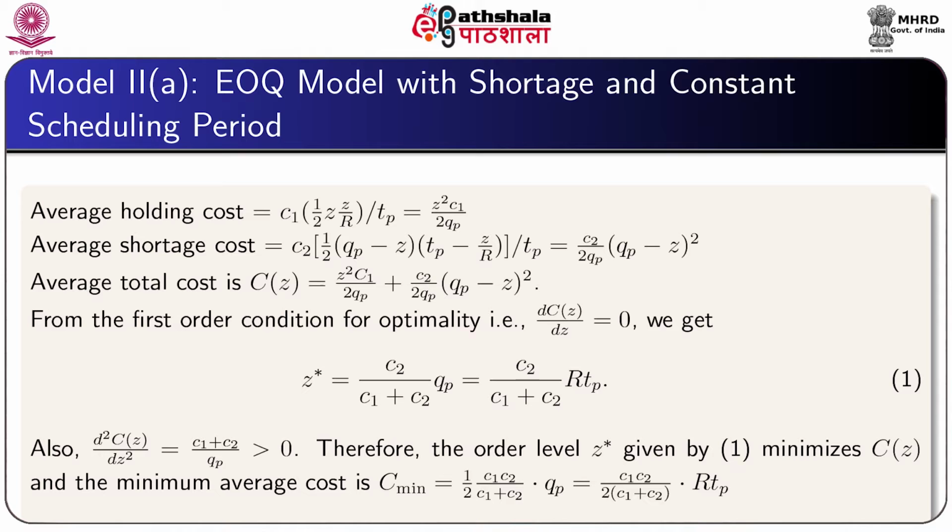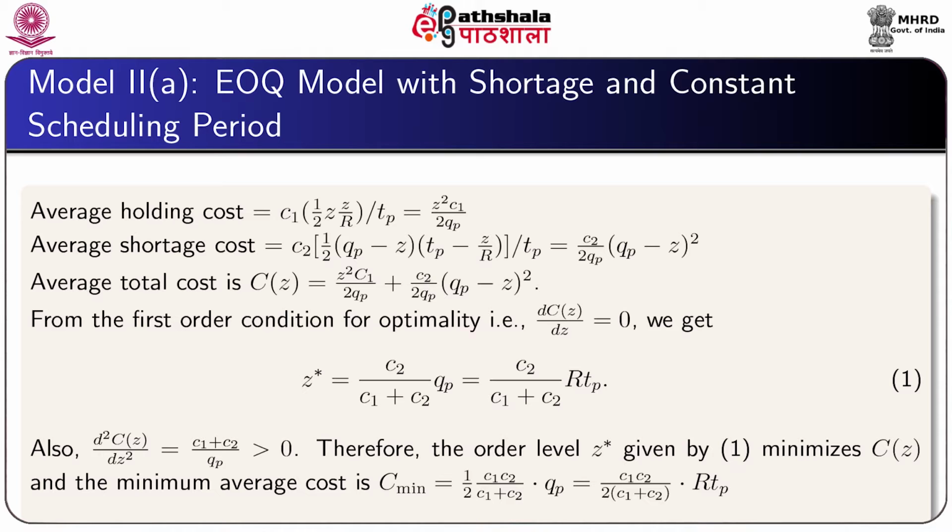So, average shortage cost will be C2 into the area of the triangle divided by Tp, that is, C2 by 2Qp into (Qp minus Z) whole square. The average total cost is then the sum of these two costs, holding cost and shortage cost.